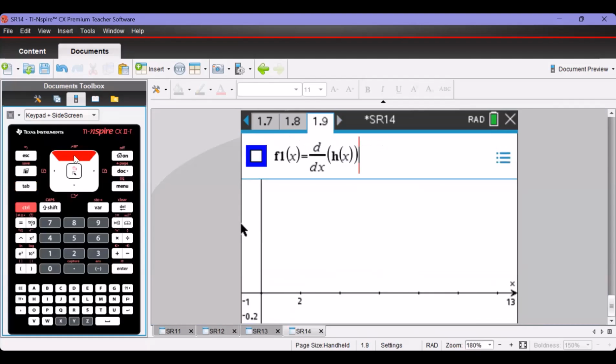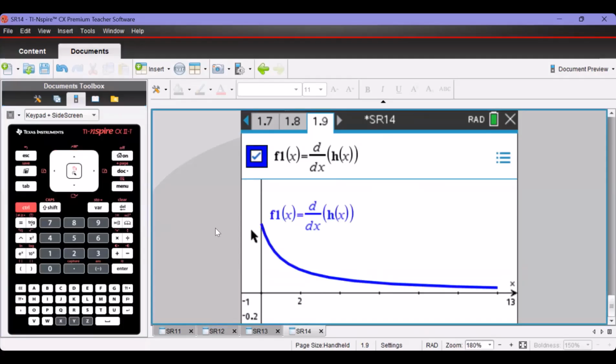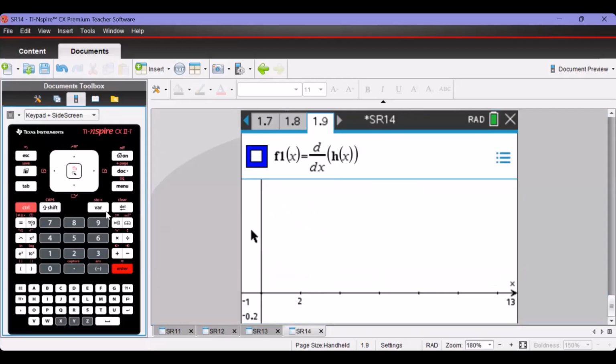So the best way to enter that for f1 of x is to use either the shift minus shortcut or the catalog. All I need to do is click inside there and the graph appears. Then press enter. Then just to make sure, repeat, click in there. Then go down to f2 of x, click in there.